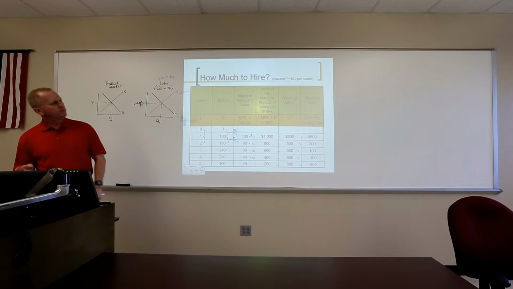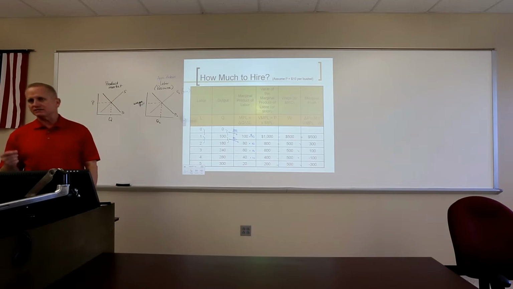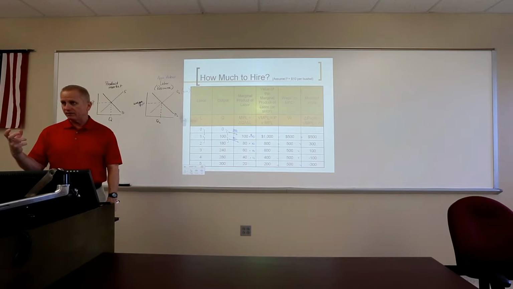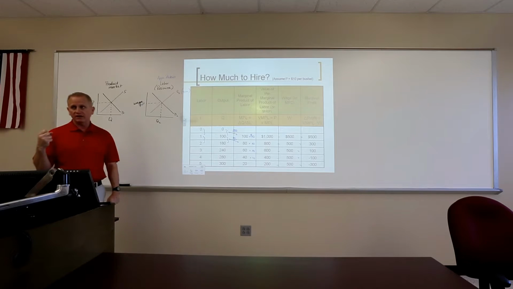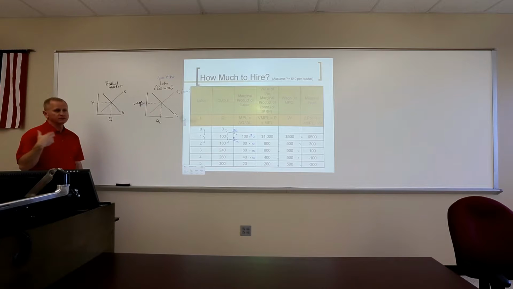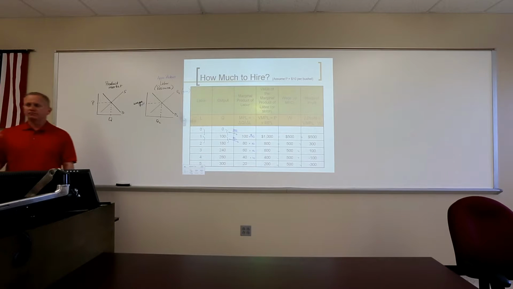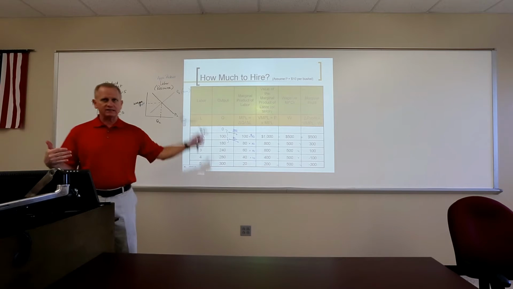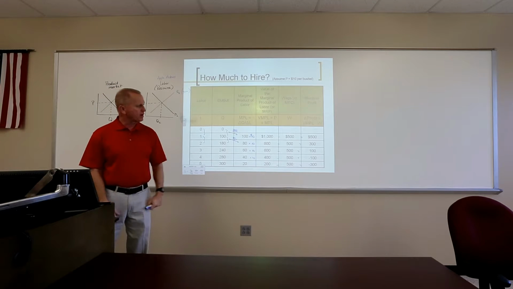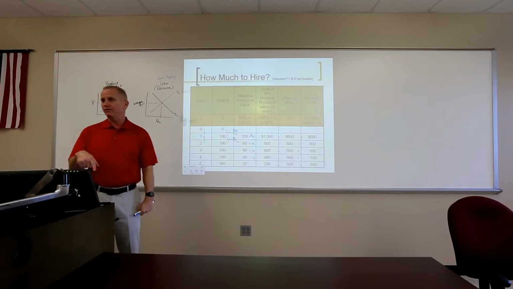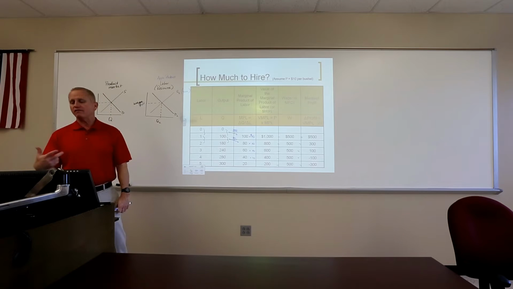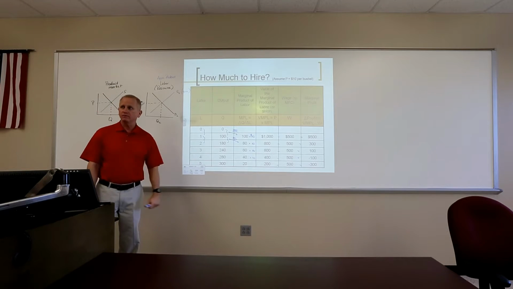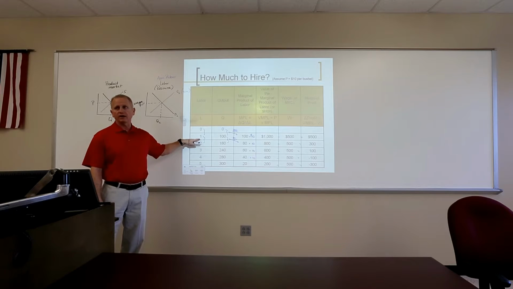The marginal profit is not the same as your profit for the company. When you're thinking of the profits the company makes, total revenue minus total costs, that's not this. This is the marginal profit from hiring labor. Is it profitable to hire the first person? That's how you think about it for this guy.